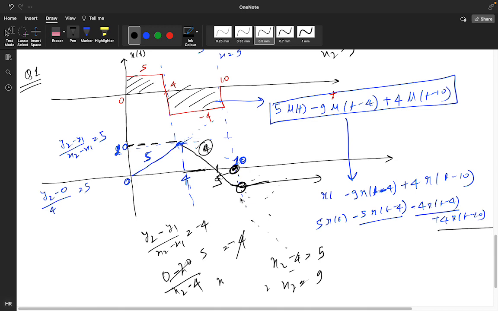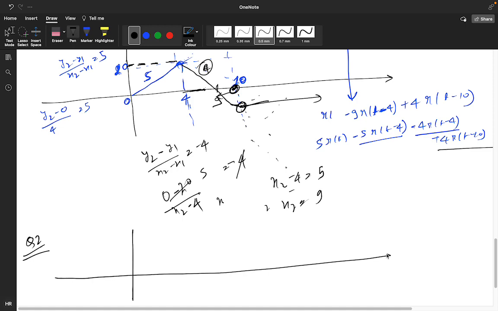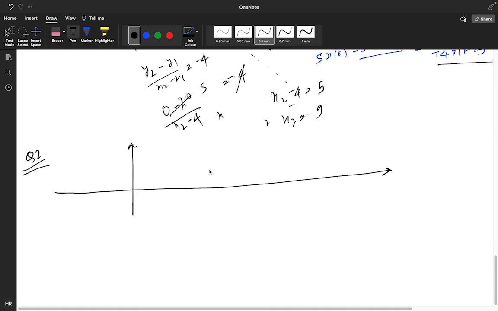So we got the result. In the same way we have another question, question 2. You have a particular equation, a pictorial graph representation like this.